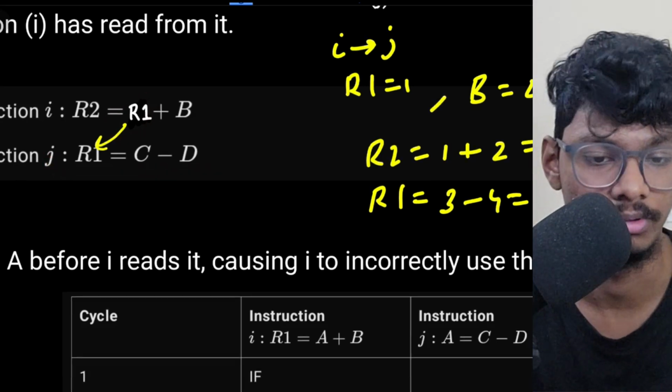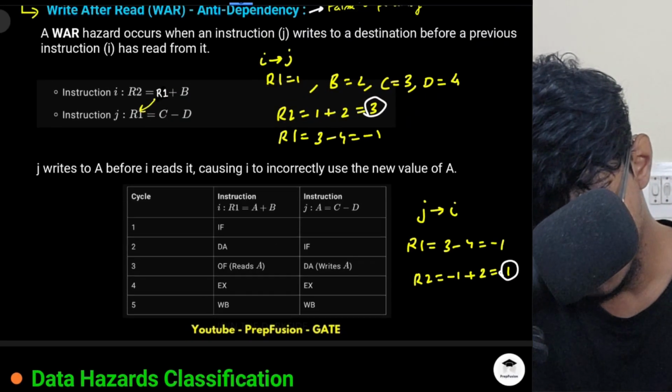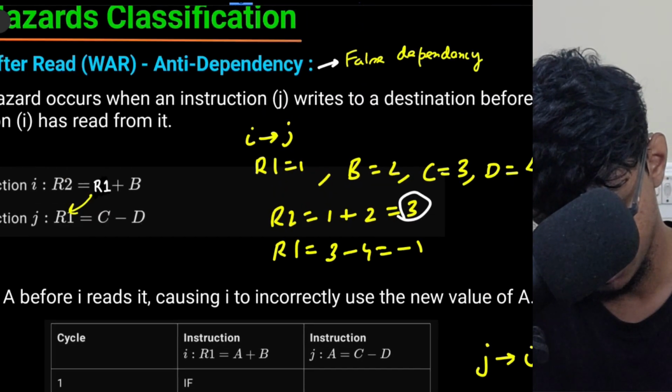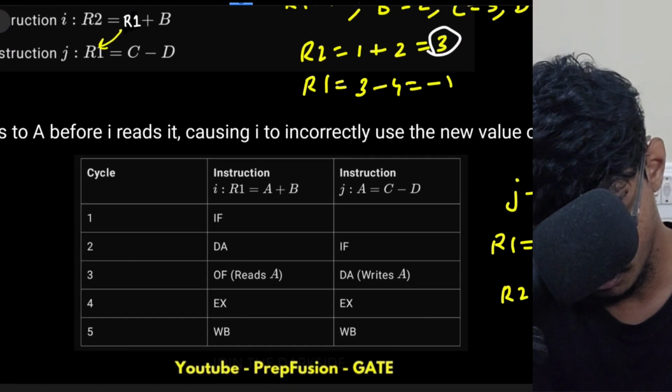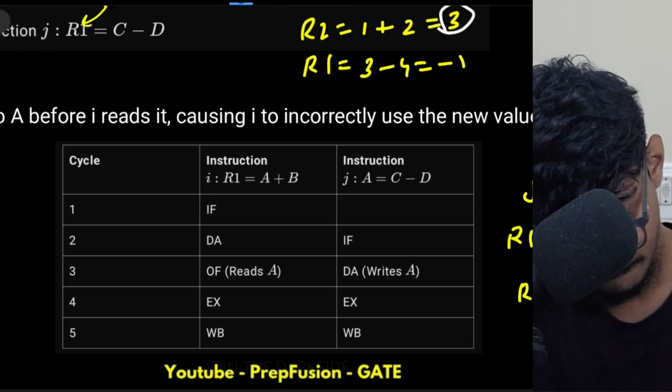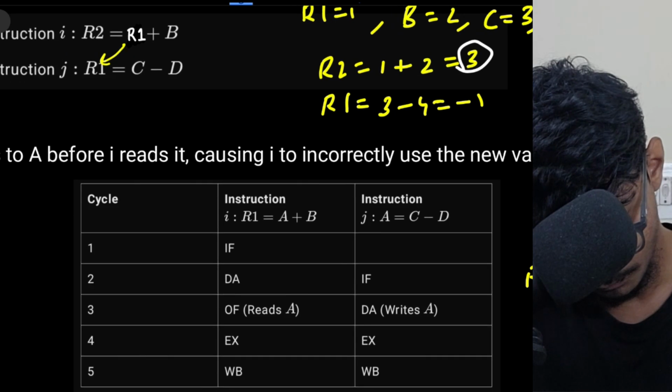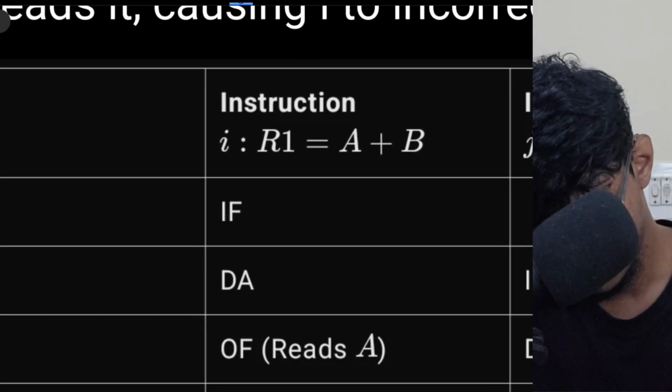That is totally allowable. So what we do is, this is actually R1 equals A plus B and A equals C minus D. They have given some other example. Okay, that is the problem. This is wrong actually.